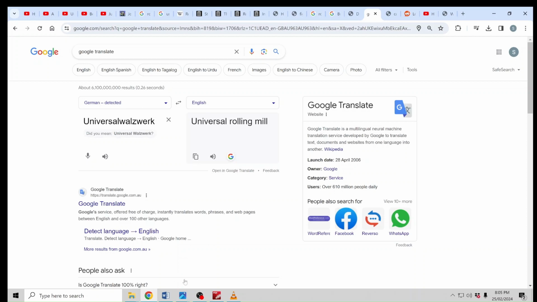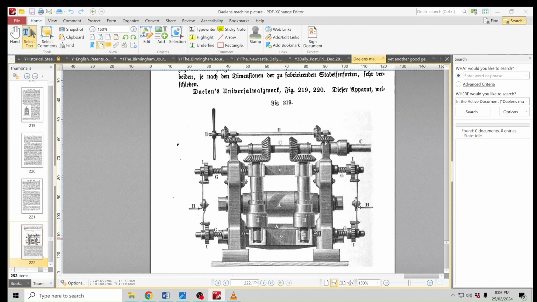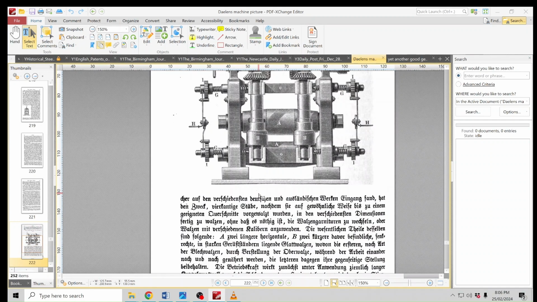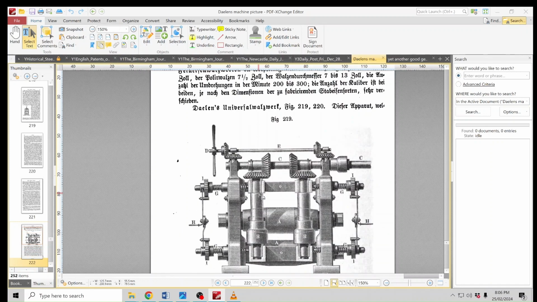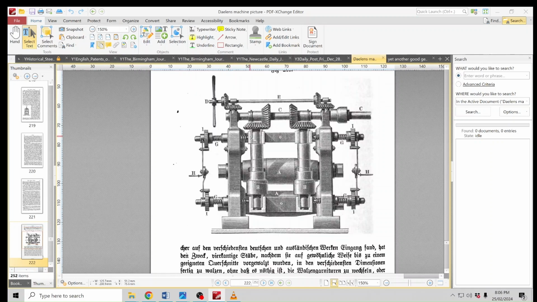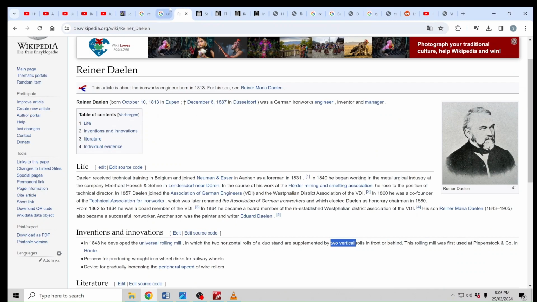And that was the oldest reference I could find to the word universal being used when talking about that type of machine, where you've got the vertical and horizontal rollers. So this tells me that this is where the name universal came from. It came from Rainer Dalen and his Universal Volkswerk. And then it of course evolved over time, and the name stuck around, and then it got translated into Universal Rolling Mill in English, and that's why we have the name Universal Rolling Mill today.